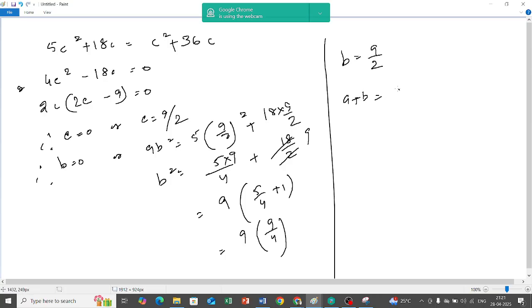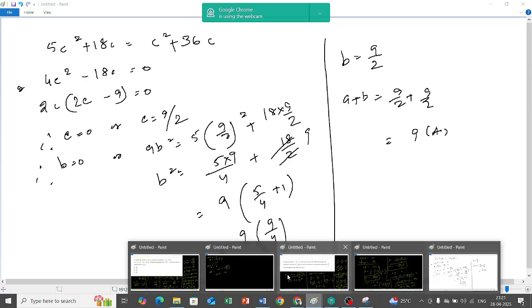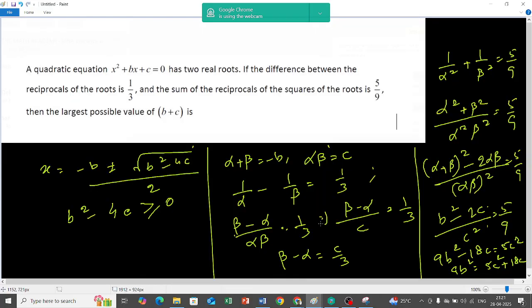So b plus c is 9 by 2 plus 9 by 2, that is 9. See, this one is actually quite a tricky one.